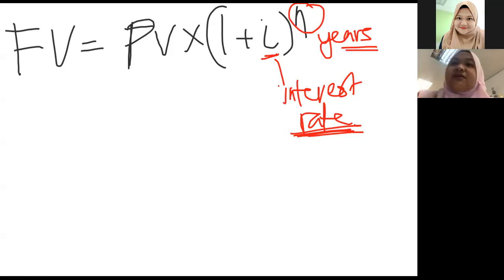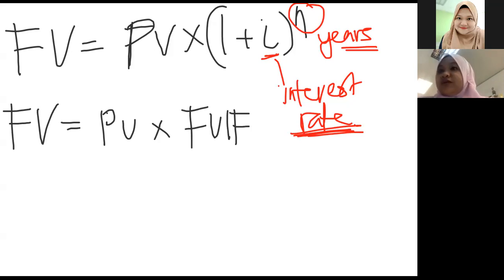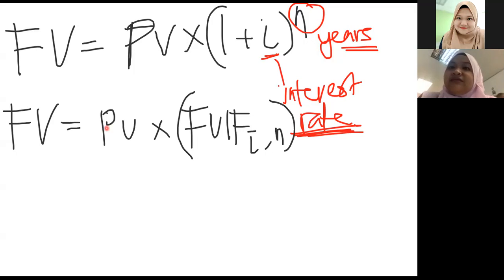You also can use the financial table to find the future value. You need to use the FVIF table. You need to find the I and the N, how many years, find the amount from the FVIF table, and multiply that amount with the present value.